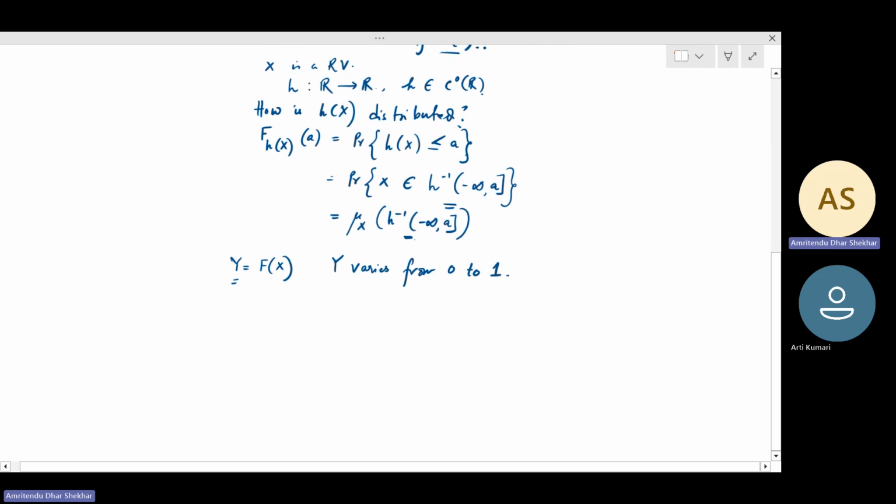Now, furthermore, what is the distribution of y? So let us try to compute F_Y at some point t, where this t belongs to 0 comma 1. So F_Y of t is the probability.